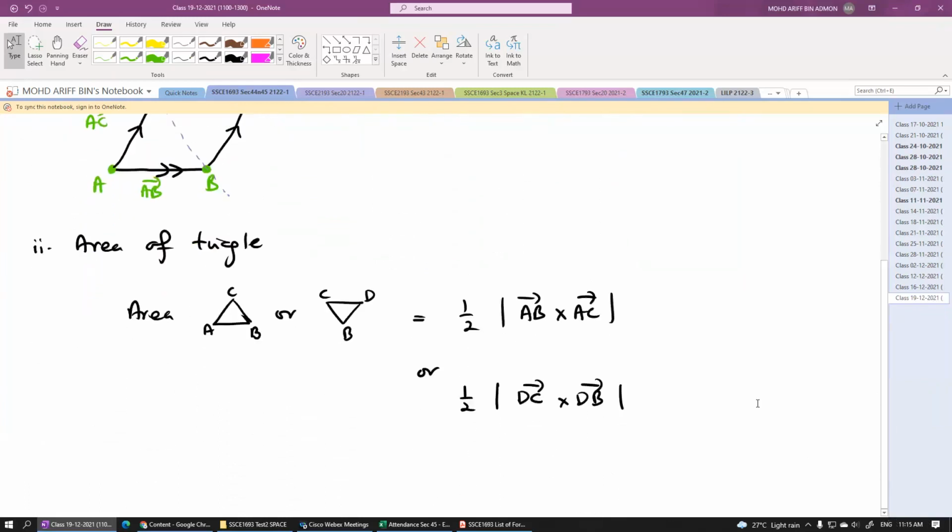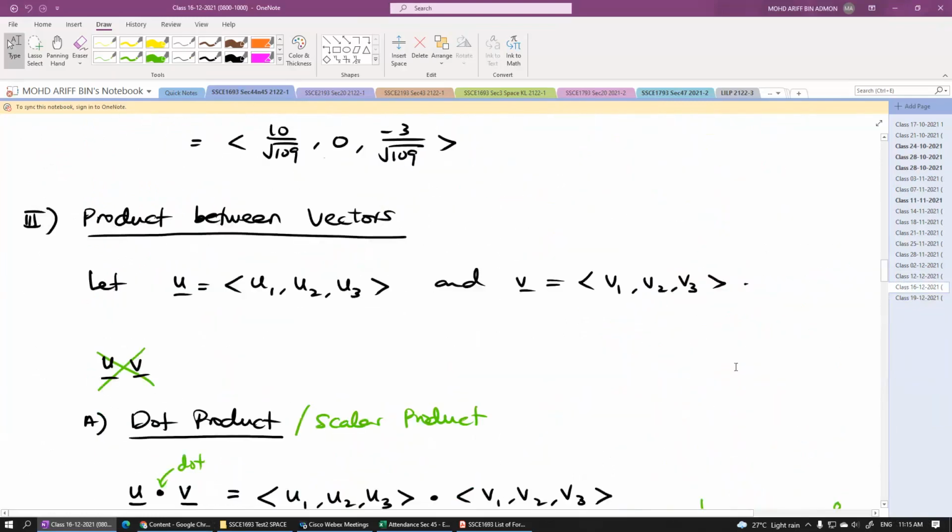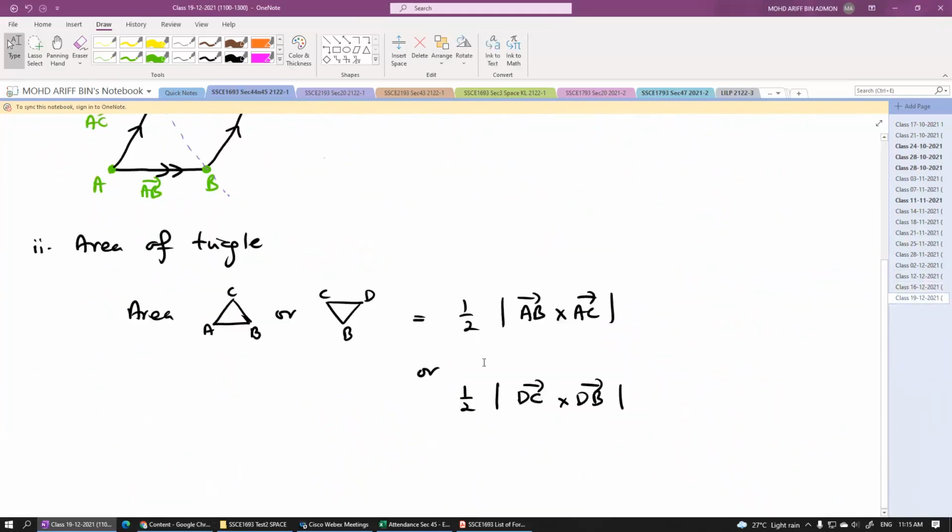So now we want to focus on your syllabus. The two applications that you have in your syllabus: the first one is what we call line in space. So this is B, number 3, so I put number 4.